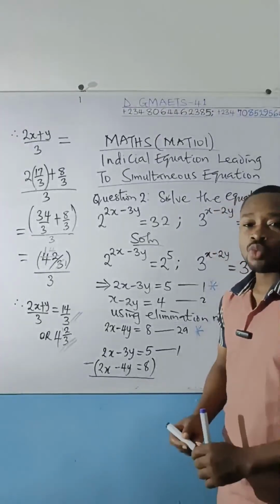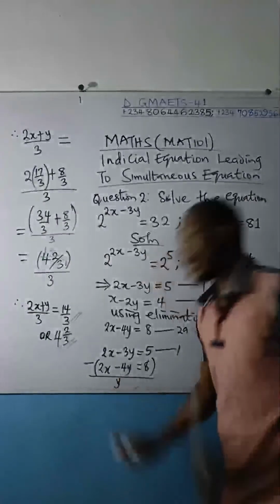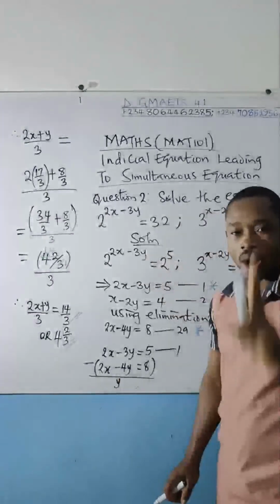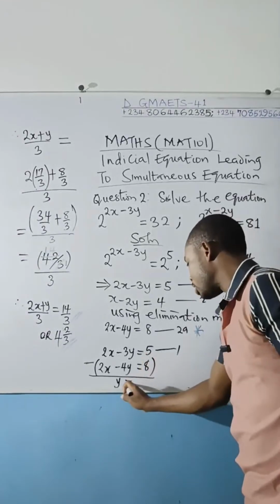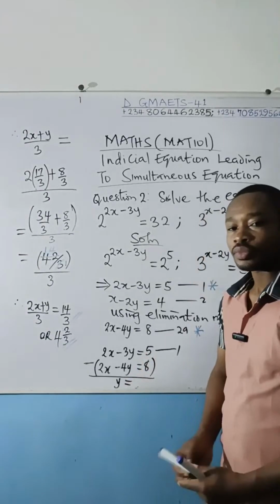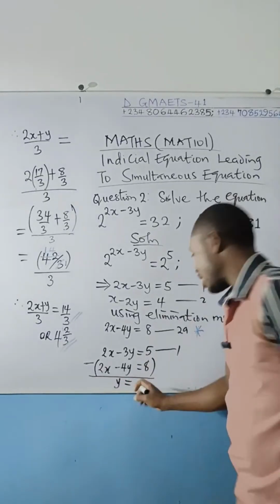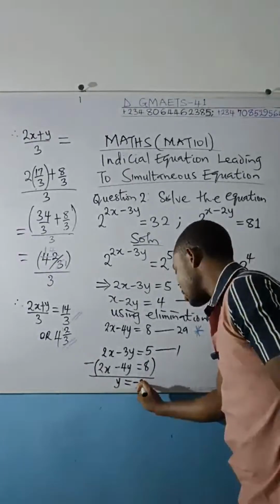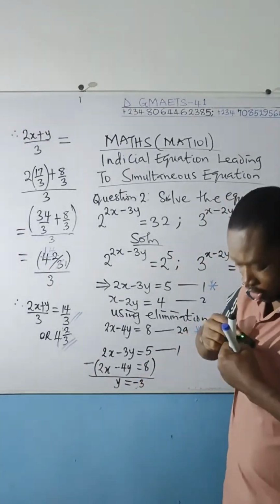And minus 3y plus 4y is going to give us 1y, which is simply y. Now you go to the right hand side of the equation, you have equal to 5 minus 8. 5 minus 8 is minus 3.